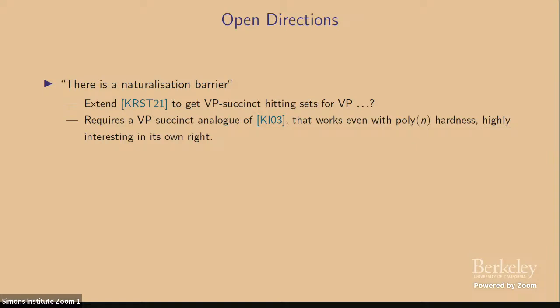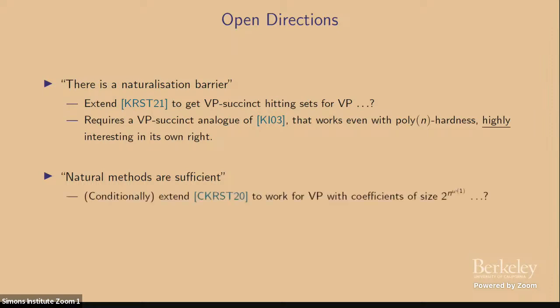It looks like directly extending that work will be quite a tough task. On the other hand, if you believe that natural methods are sufficient, then maybe conditionally extend the first result that I spoke about to work for larger coefficients, maybe 2 to the super poly n.